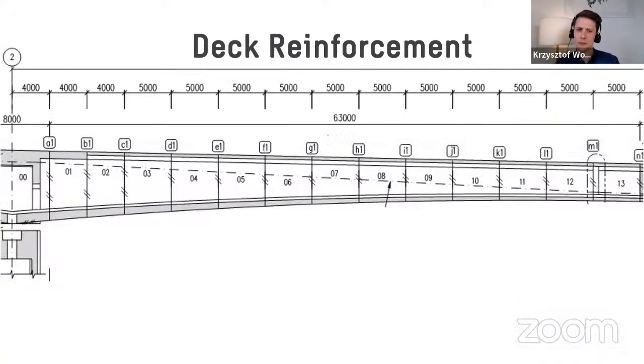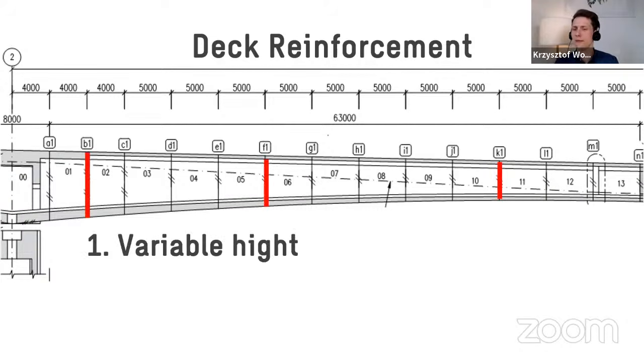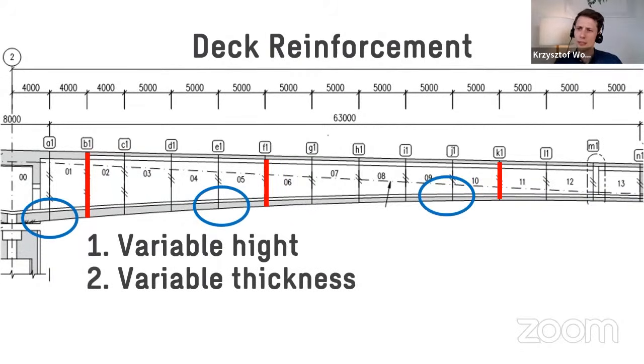So as you can see, there are lots of parameters defining this deck. On this cross section, first of all, we have variable heights. Each segment has a variable height, so it will be different at the start and different at the end. The second parameter is that there is a different thickness of the deck. There is a bottom line defined by one parabola.